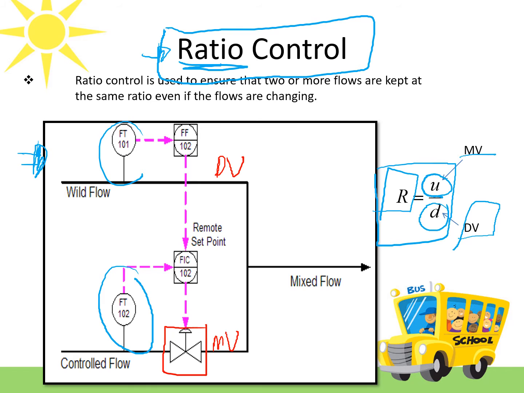As you can see, you need to measure both. For the disturbance, you connect the transmitter to the feed forward controller, then connect it to the feedback controller, and then to the final control element. Note that the feedback controller here is also connected to the flow transmitter that measures your manipulated variable.